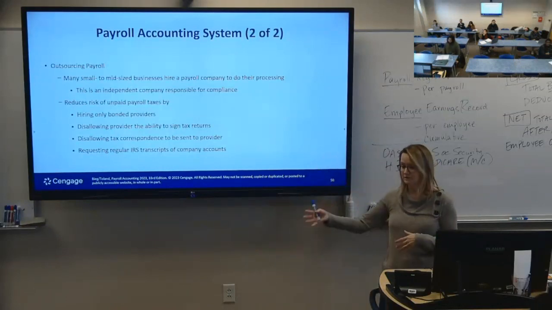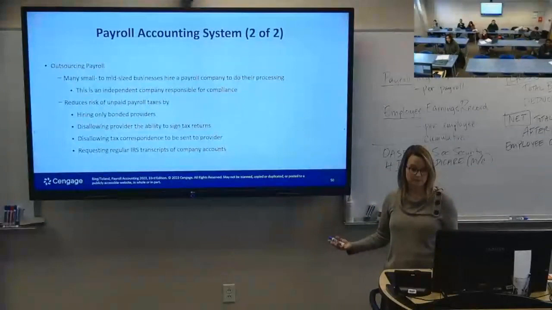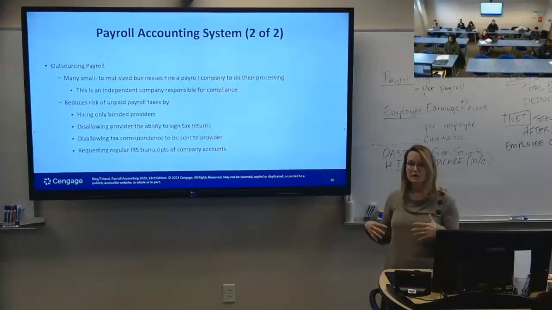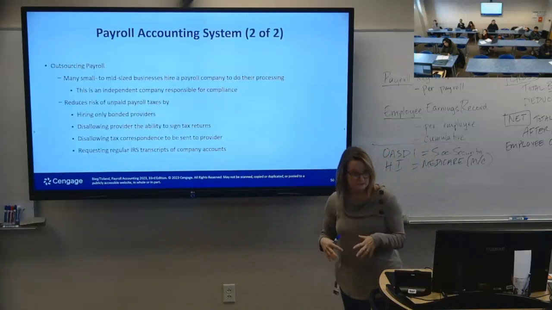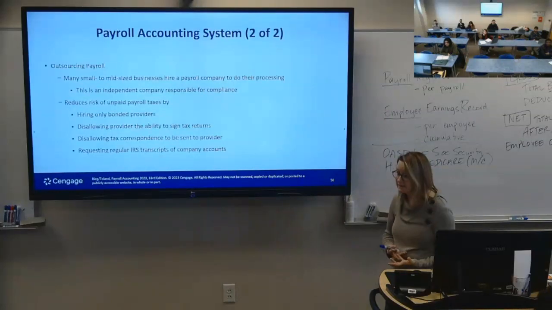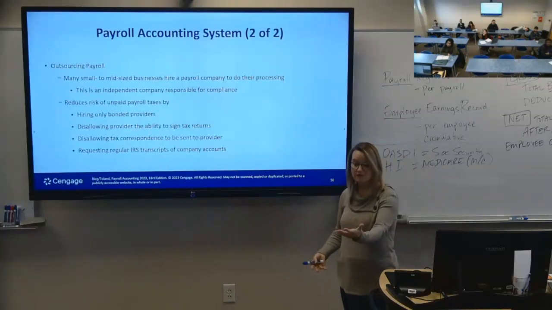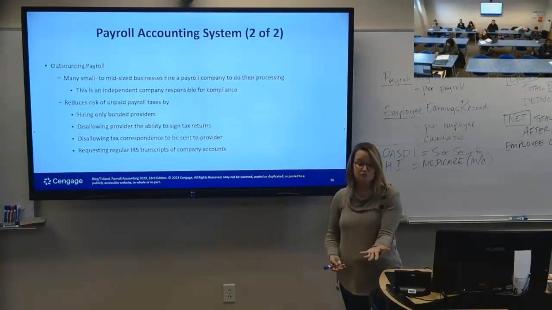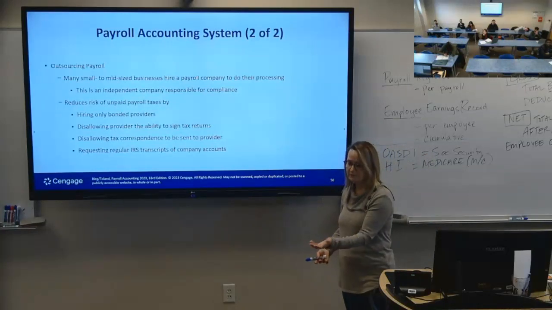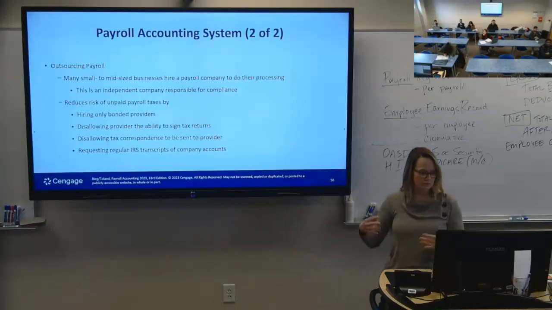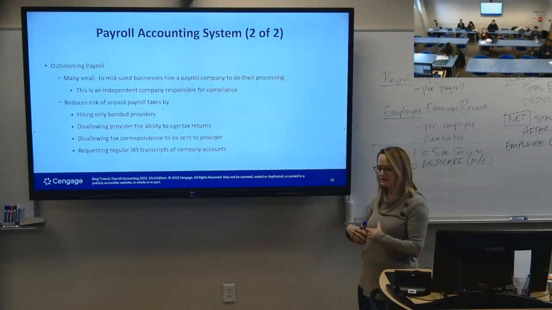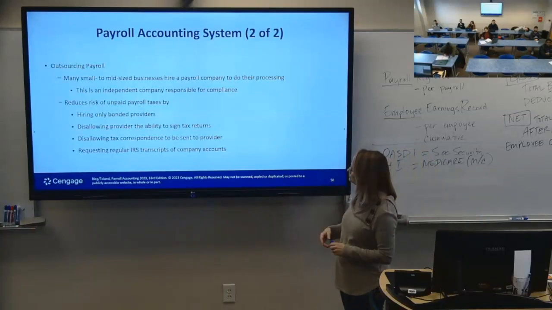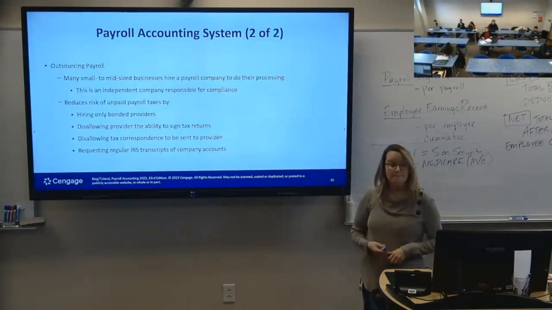So the company hires them, and that is outsourced payroll. You don't have a specific payroll department within the organization. Obviously, somebody has to be in charge of handing off the correct information to that outsourced company. How much did Cheryl make? Did she have any overtime? All of that information still has to be compiled and then relayed to the company.